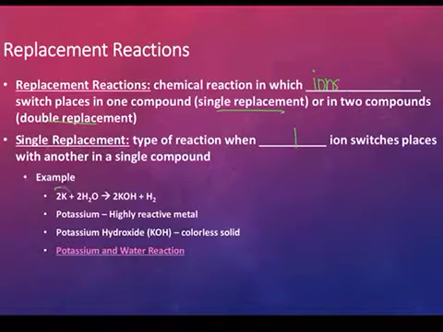So you're always going to start with a lone ion, and it will then get incorporated into a compound, and then you'll end with a different ion being alone. So in this case, potassium, the highly reactive metal, is combining with water, which produces potassium hydroxide, a colorless solid, and then some oxygen gas as well. And you can watch that reaction at the link below.